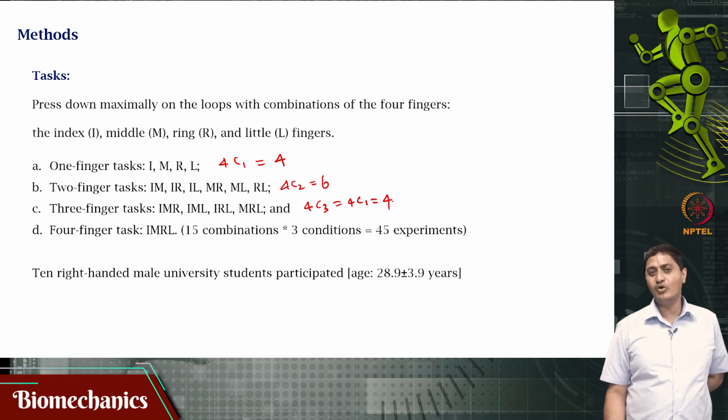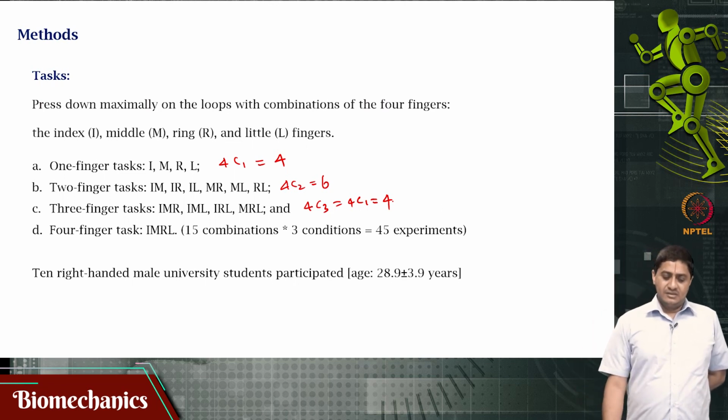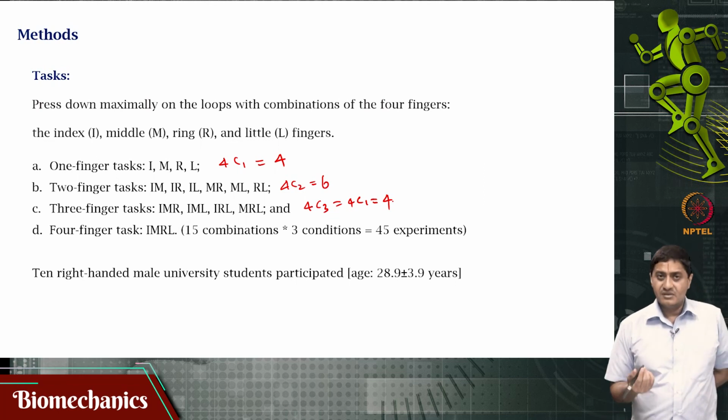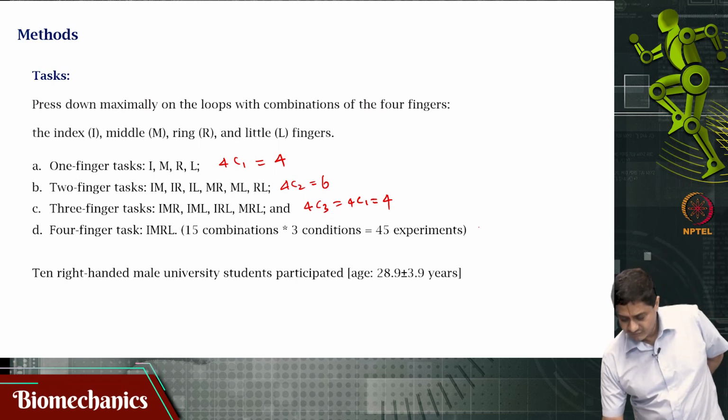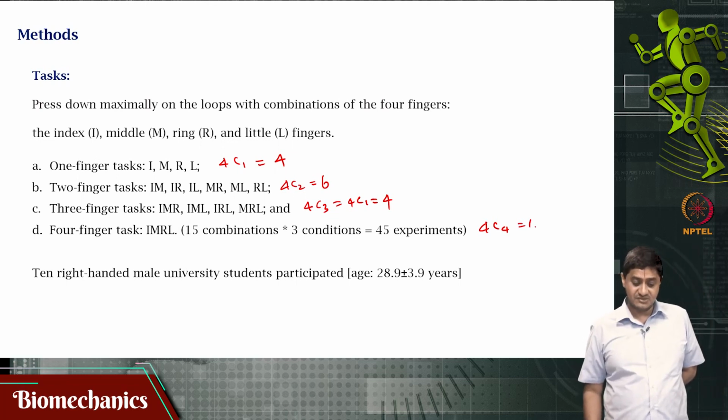These are the 4 possibilities of 3 finger tasks when we choose among the 4 that are available. Then if I use all the 4 fingers of the 4 that are available, I have 4 choose 4, which is exactly 1.